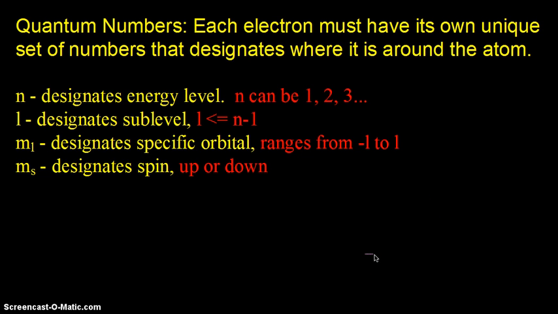So each electron can be described by different quantum numbers, and it has to have its own unique set of quantum numbers for that atom.